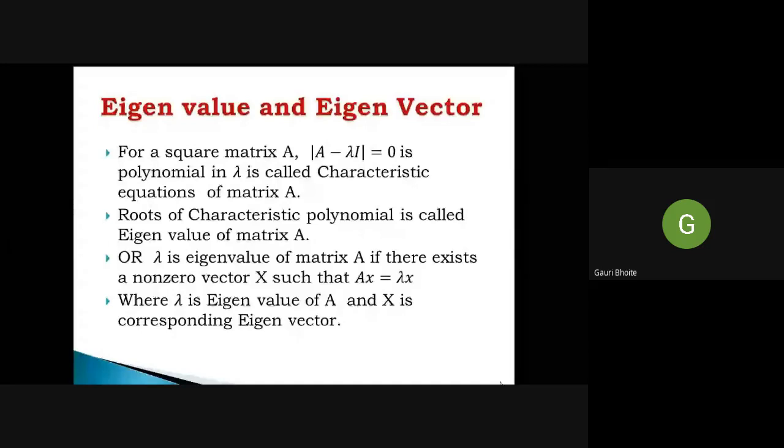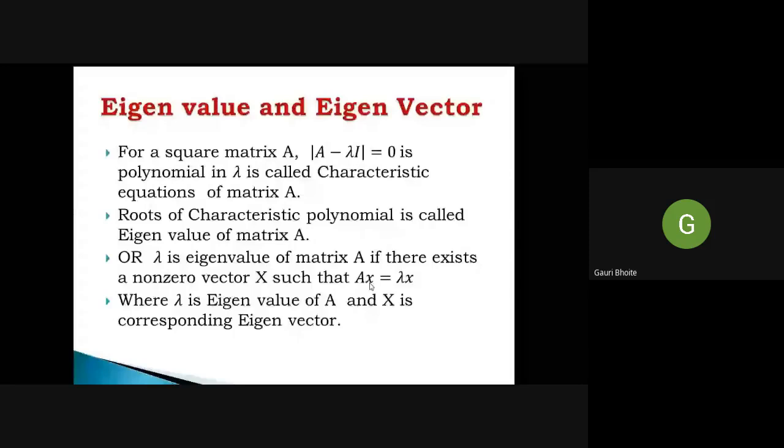For a matrix A, the determinant of A minus lambda I equal to 0, a polynomial in lambda, is called the characteristic equation of matrix A, and the roots of this characteristic polynomial are called the eigenvalues of matrix A. Lambda is an eigenvalue of matrix A if there exists a non-zero vector x such that Ax is equal to lambda times x. When I operate the matrix A on vector x, if the resultant is lambda x, then lambda is the eigenvalue and x is the corresponding eigenvector.